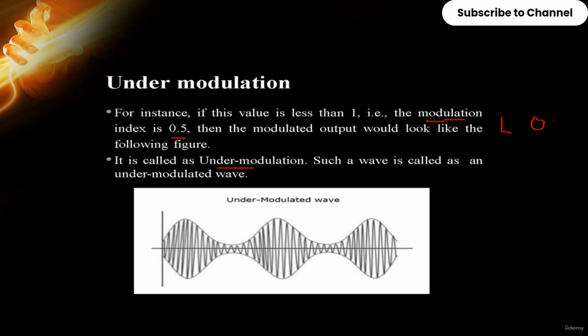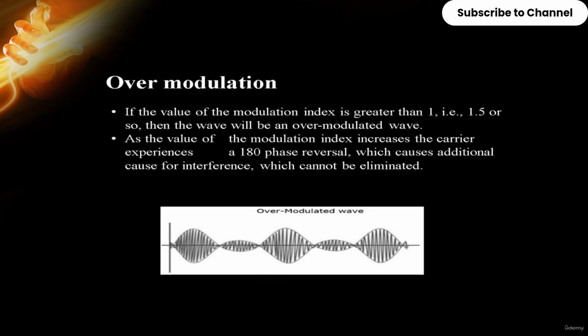Those modulation schemes are known as under modulation. You can see in this diagram the under modulated waves. In opposite, over modulation is when the modulation index is greater than 1. The modulated waves are greater than 1.